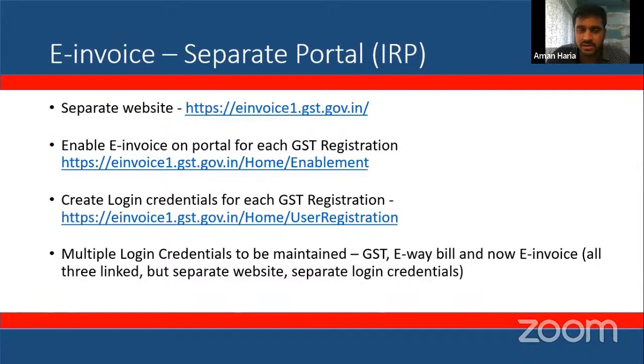And the third one is the e-invoice portal. All 3 are separate, but at the back end they are linked, and we will see how they are linked moving ahead. So the government has now introduced a new website for e-invoicing, einvoice1.gst.gov.in.